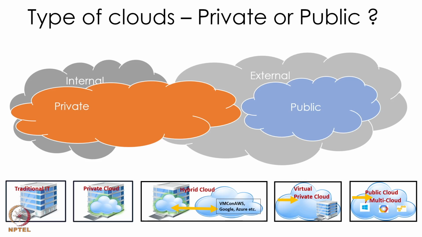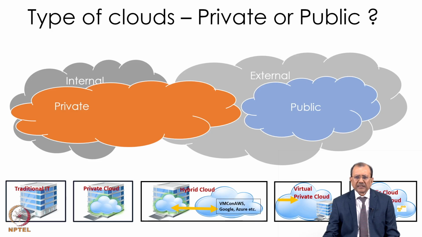Now, what is cloud? This is a very old technology now. It has existed, I would say, for more than 16-17 years, and there are different types of cloud: internal cloud, external cloud, private cloud and public cloud. So, let us take an example. Suppose there is State Bank of India, and State Bank of India wants to create a private cloud.